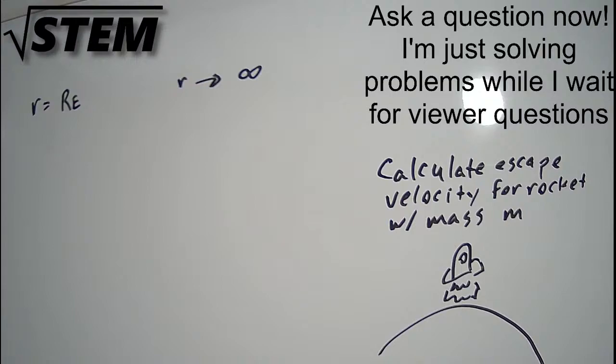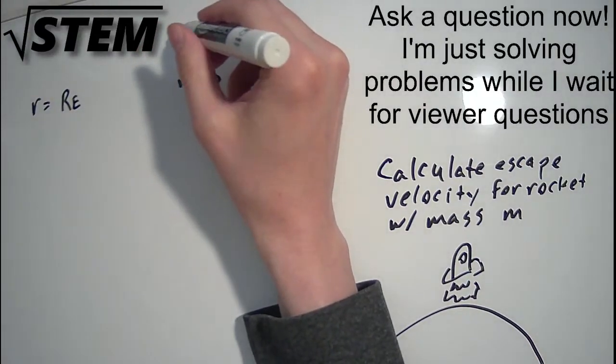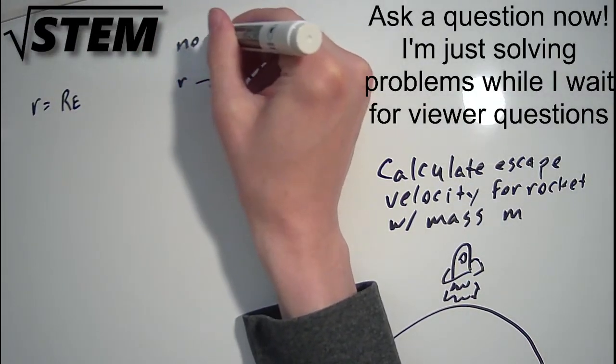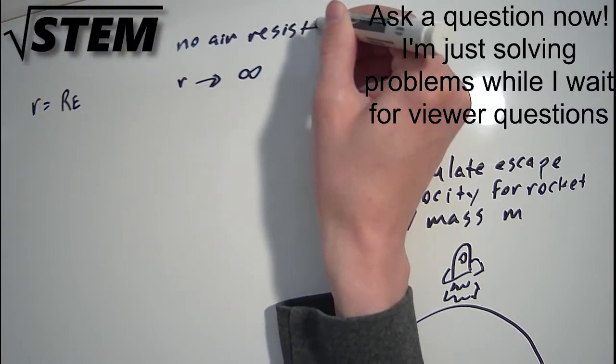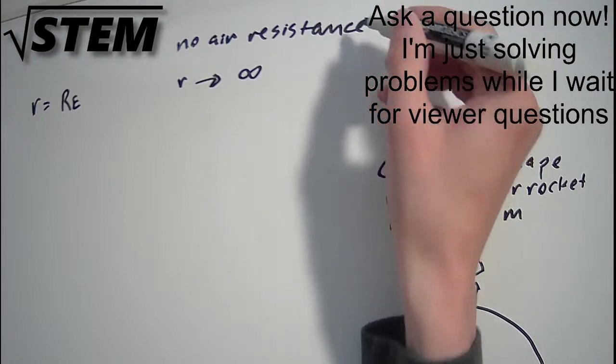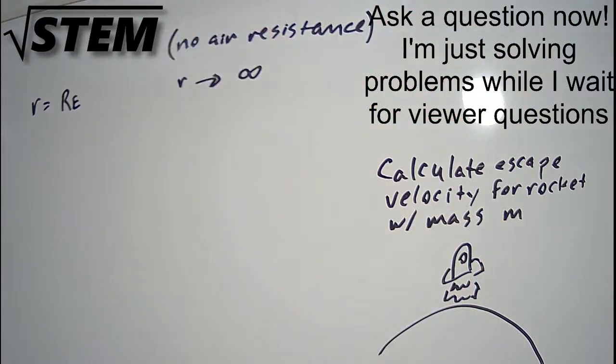We're going to assume no air resistance while we're leaving the atmosphere. So we should have all conservative forces in play, being gravity, and we're also not going to consider the complexities of rocket propulsion. We're just figuring out how fast it needs to go.